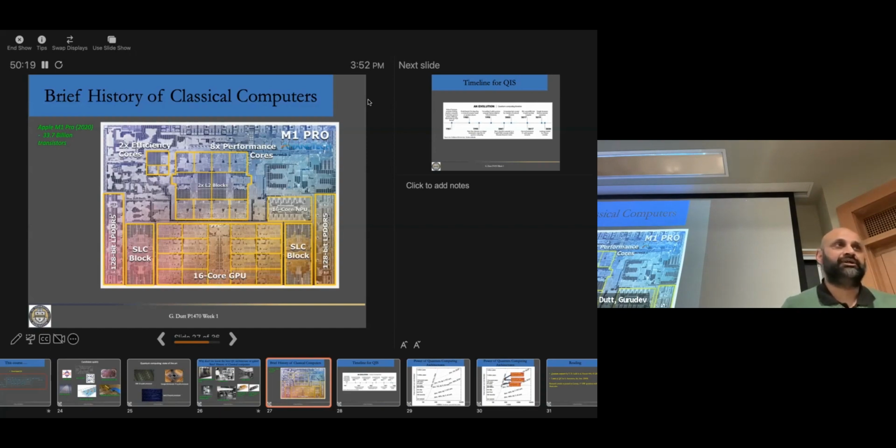Already we're up to 72, or 127 with IBM. It doesn't seem like a lot, but again, we're going exponentially. I think the harder problem with quantum computers is that as you scale, and we will talk about this, we have to control the noise and the environment, keeping that qubit pristine. That is a big challenge.